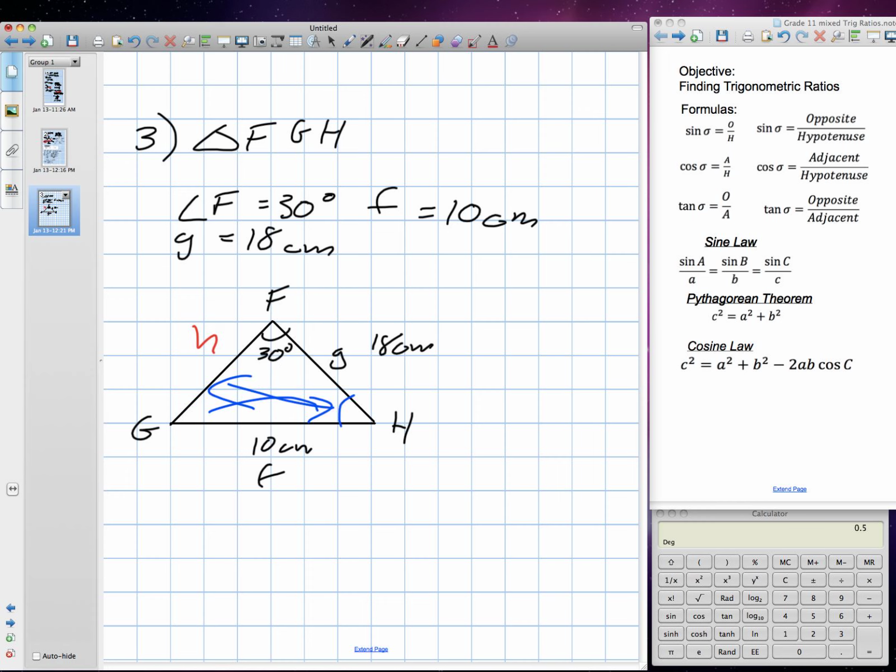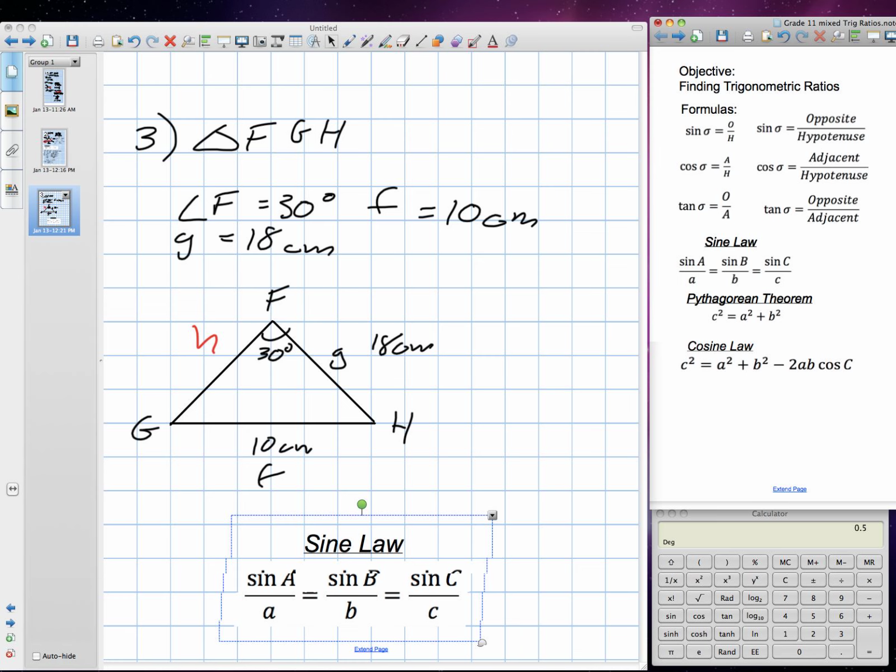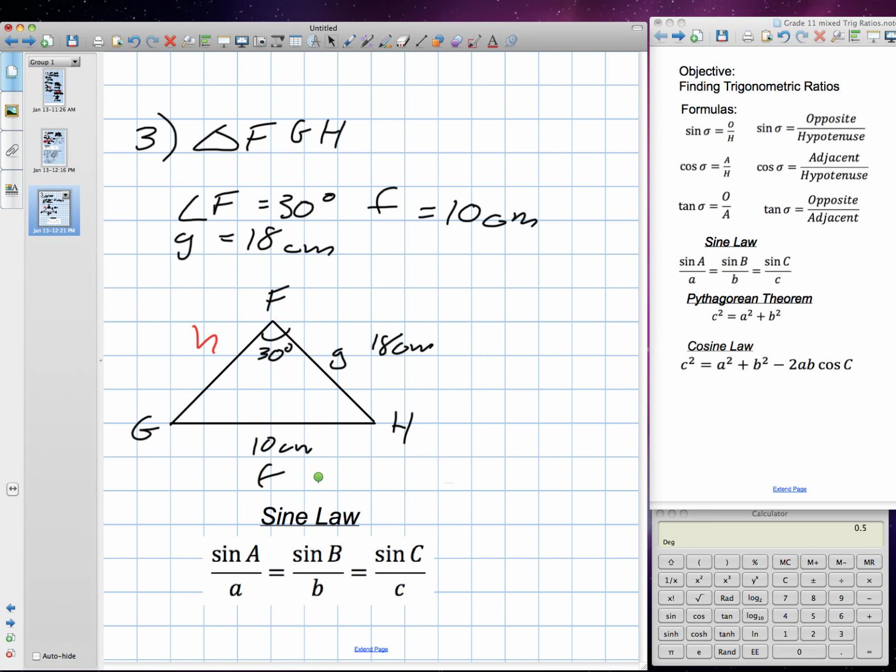So I'm going to set this up. We're going to be using our sine law for this question. I can rename it ABC, and we'll call this A, B, and C. Okay? And go from there.